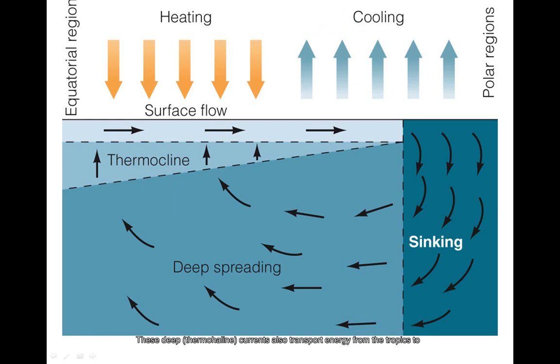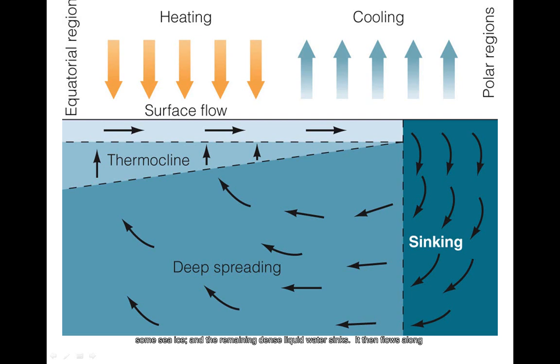Now, these deep thermohaline currents are also transporting energy from the tropics to the poles to help the Earth even out the local solar energy imbalance. Basically, warm water moves towards the poles in the Atlantic Ocean, where it cools off, makes some sea ice, and the remaining dense liquid water sinks.